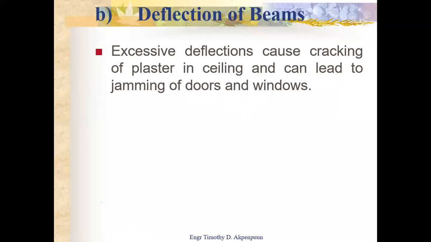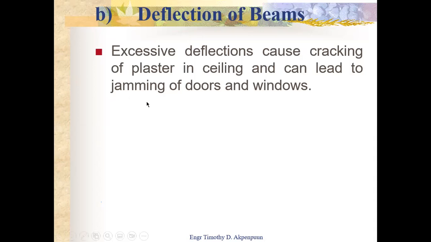You see some doors will not be able to close anymore, and you call a carpenter to come and file it or slice it again so that the door will close. That's excessive deflection. It usually happens during the dry season when the wood over dries.